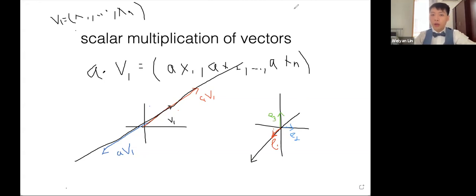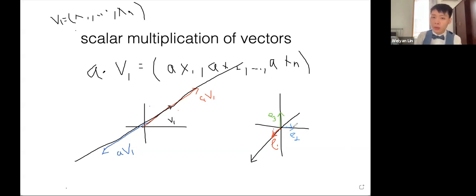These three standard basis vectors only tell you information in one dimension specifically. So E1 points in the same direction as the x-axis. That's the information on the x value.